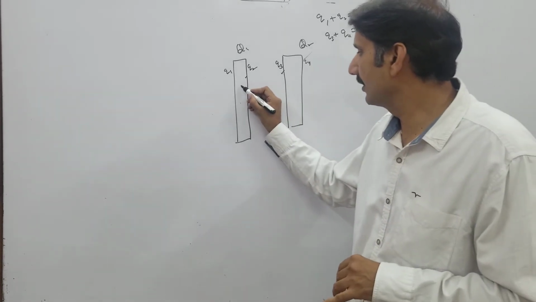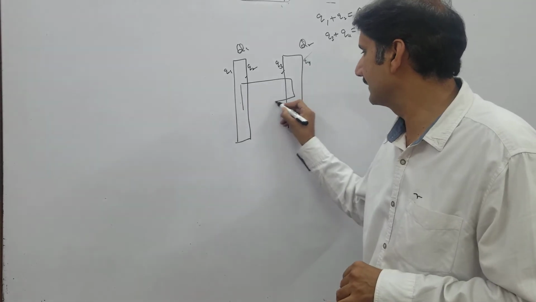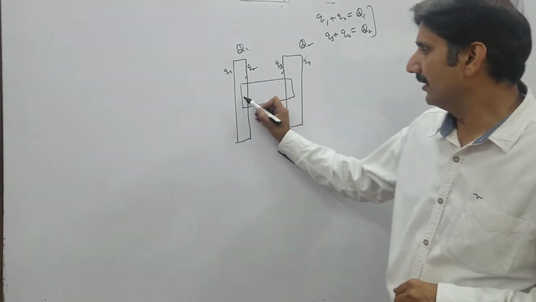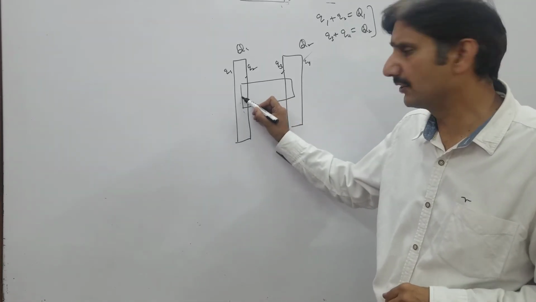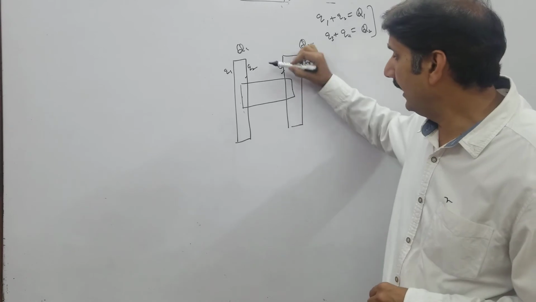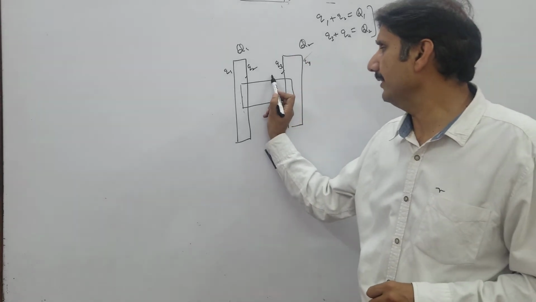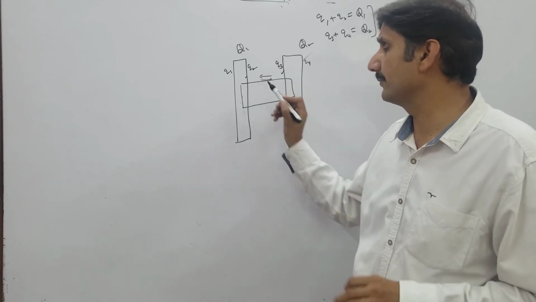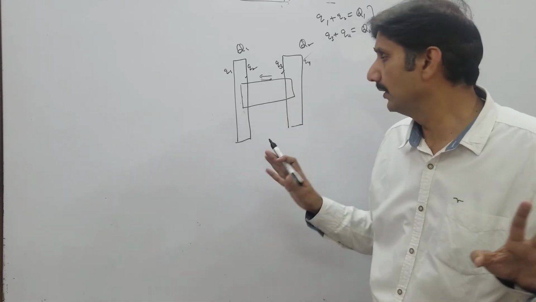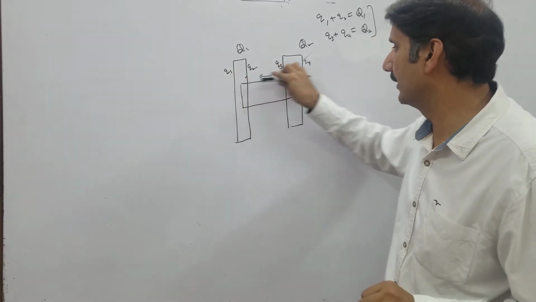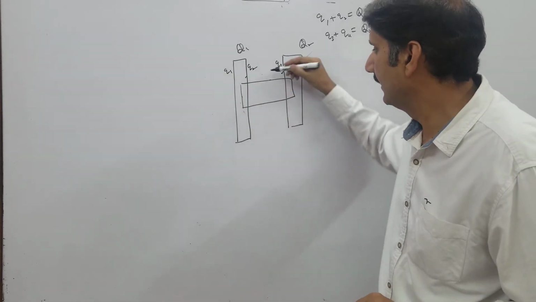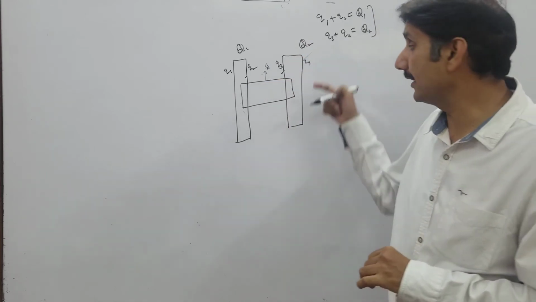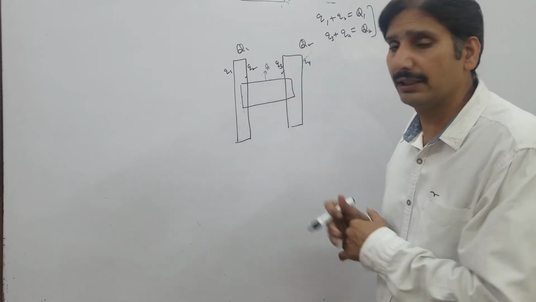Think of it. Consider a Gaussian surface like this. Over here, electric field is 0. Over here, electric field is 0. And I don't know in which direction the electric field is going, it may be in this direction or in this direction, but in whichever direction it is, it is along the surface, so perpendicular to the normal to this surface.